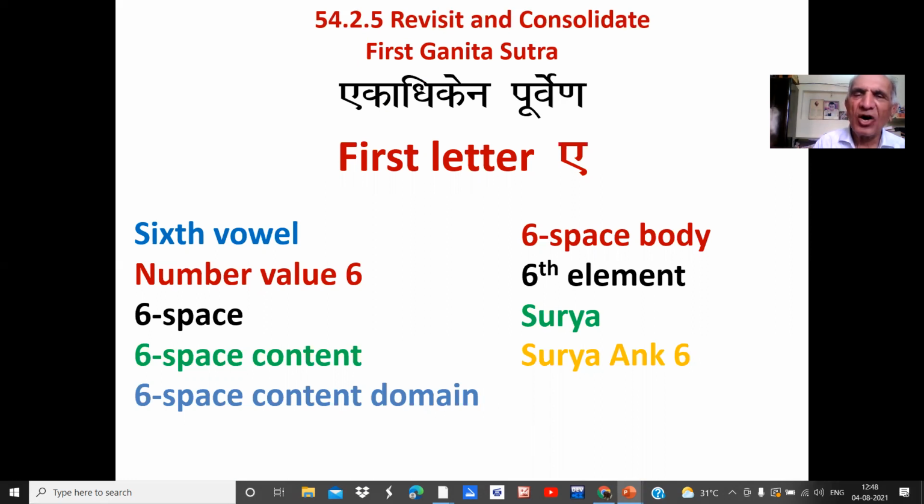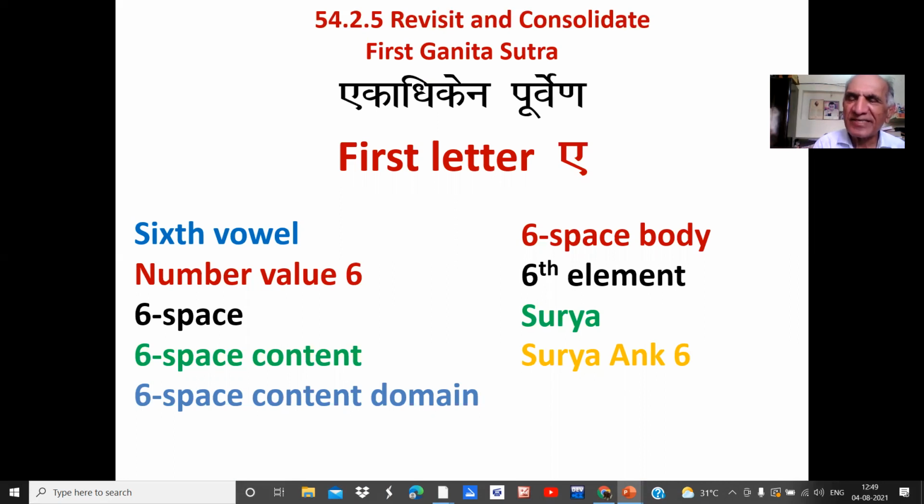It is of sixth placement in the sequence range of the vowels, and as such, it accepts association of number value 6, being this letter at sixth placement within the array of vowels.